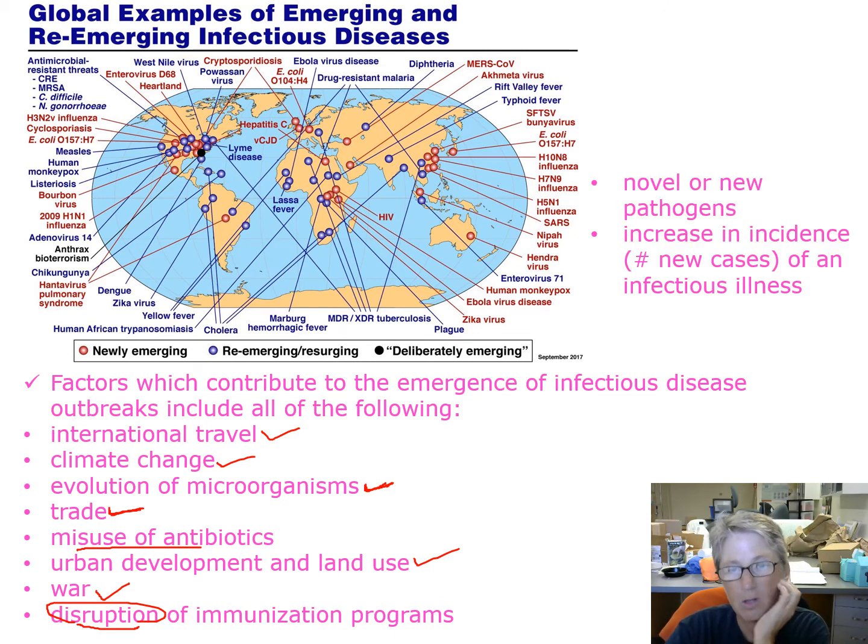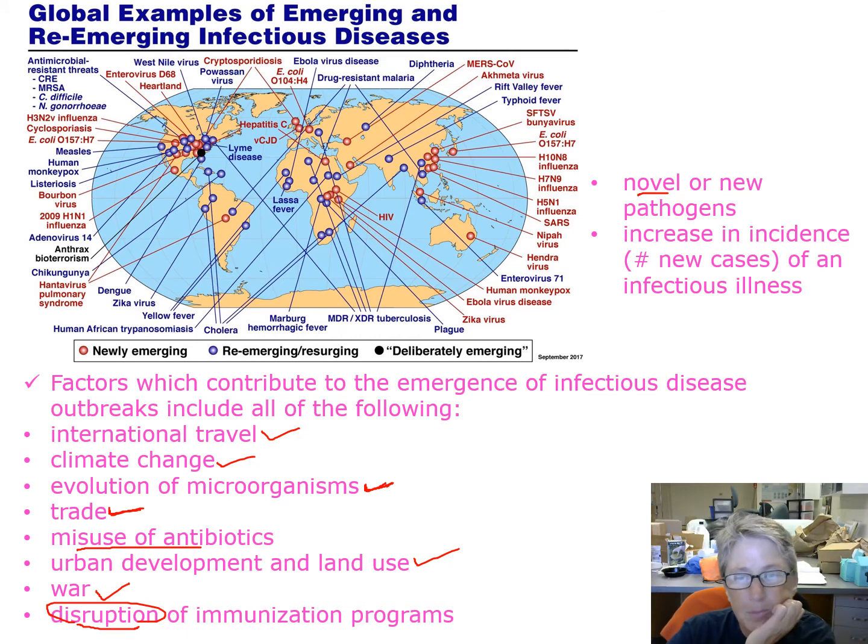In addition, some more factors that contribute to the emergence of infectious disease are novel pathogens, or new pathogens, that maybe weren't pathogenic before, but Mother Nature decided there's too many humans, and she says, hey, you pathogen, step up and cull out the population of Homo sapiens.